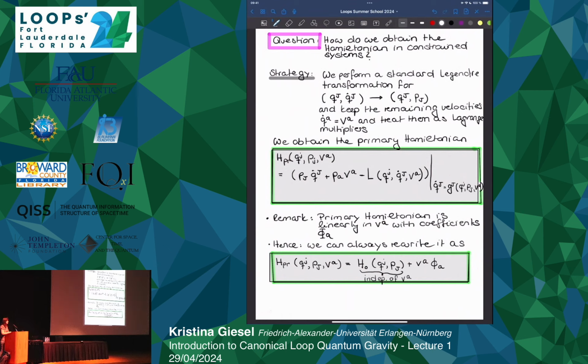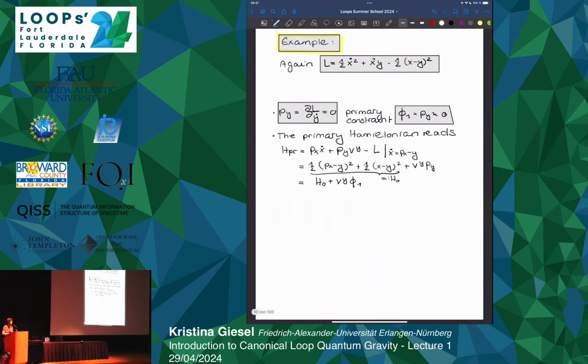If you do this, you can always write the resulting so-called primary Hamiltonian in a form where you have a term which I called H naught here, which includes q_J and the p_J momenta for which we could solve, plus a term which includes the v_A Lagrange multipliers contracted with the primary constraints. So that's the standard form we get.